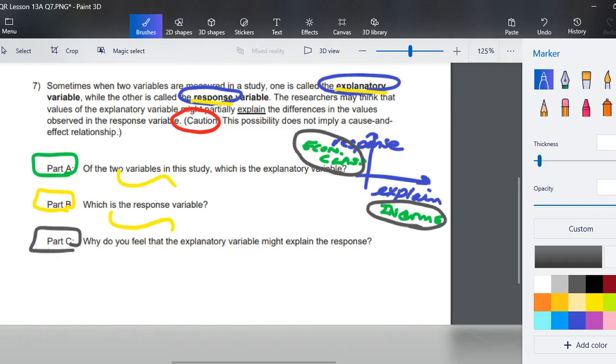But part C, why do you feel that the explanatory variable might explain the response? I'm going to go ahead and pick that the income is going to explain our economic class because we have divided our buckets that way.